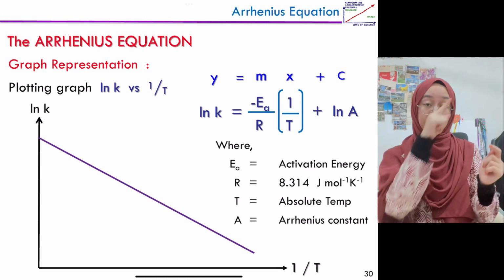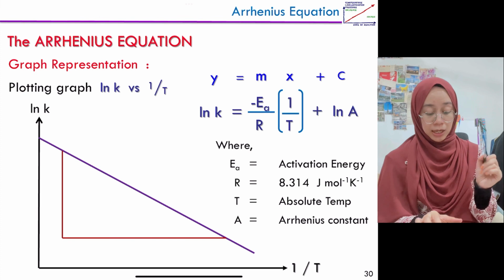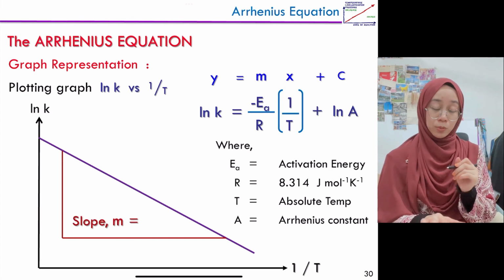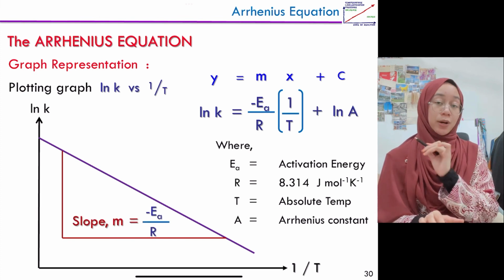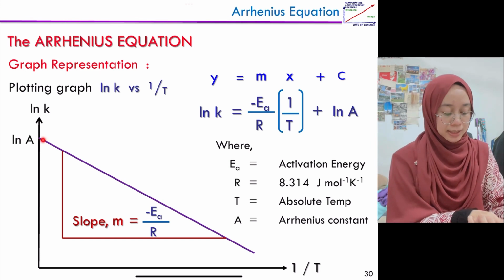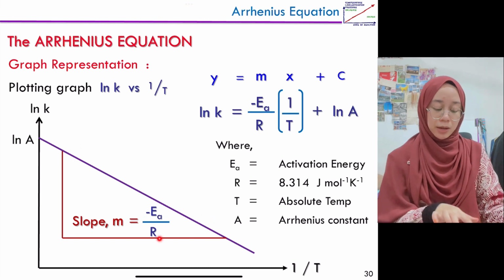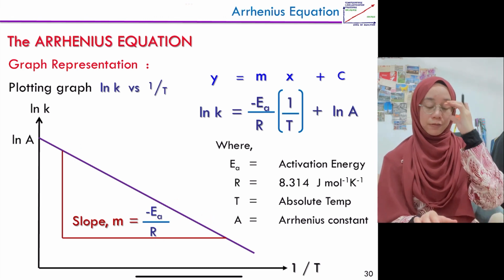Okay, and then you will get a linear graph whereby dekat bahagian intercept tu nanti itu adalah ln A. Okay, yang slope tu pula, which is the gradient, itu adalah negative EA over R. Okay, so ini adalah bahagian intercept. Ini kalau kamu kira dia punya gradient ni, kamu akan dapat negative EA over R.